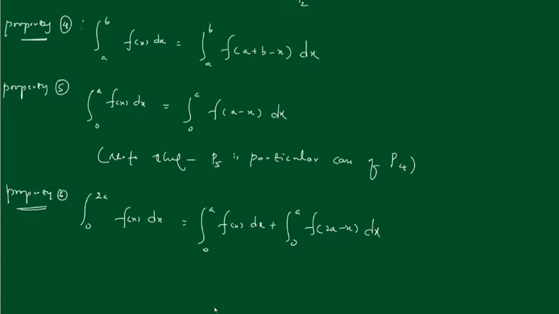So what we are writing here for property number 6 is integration 0 to 2a f of x dx equals 0 to a f of x dx plus 0 to a f of 2a minus x. It is the sixth property.